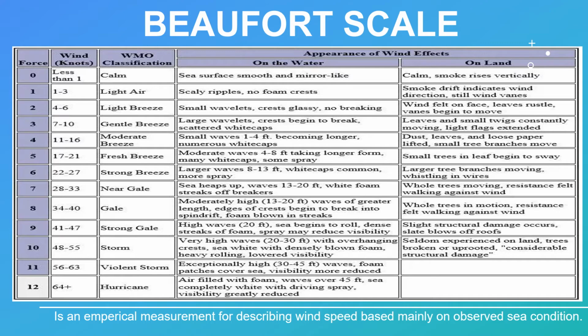So, sa pagtaas ng wind force, syempre sa paglakas ng bugso ng hangin, dito nyo na mapapansin kung gaano kataas yung wave or yung alon. So, commonly dito naman tayo sa 7. Kapag ang pwersa na ay 7, ang wind speed na ay naglalaro na sa 28 to 33 knots.